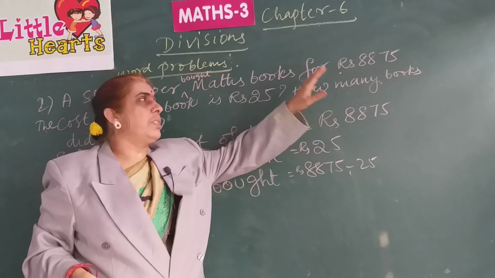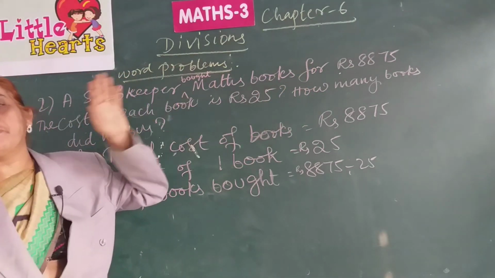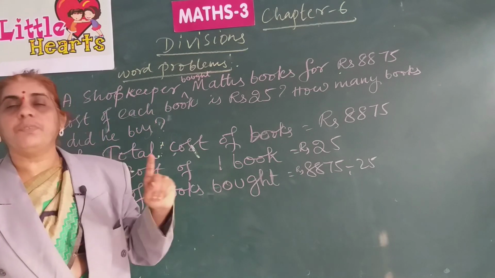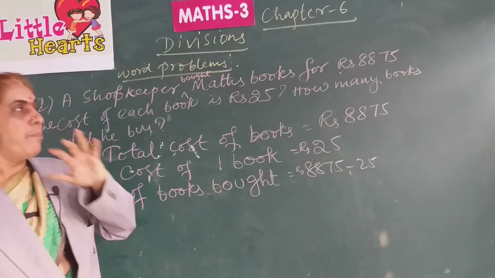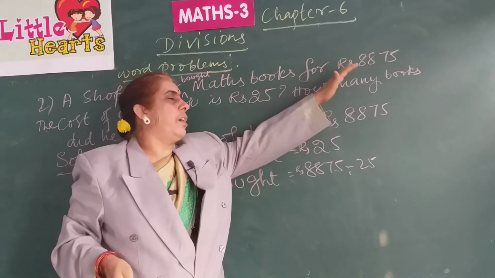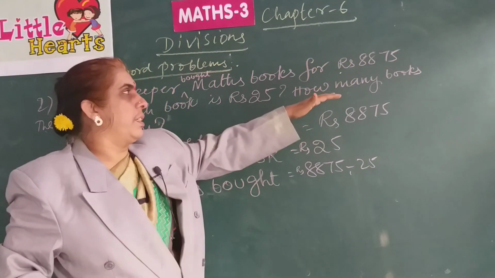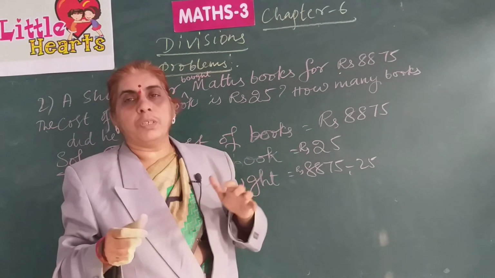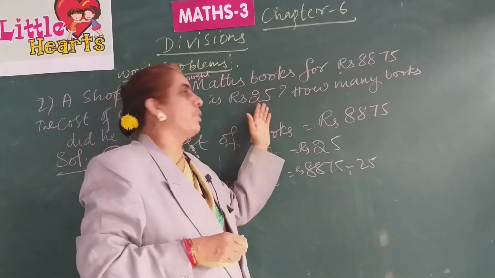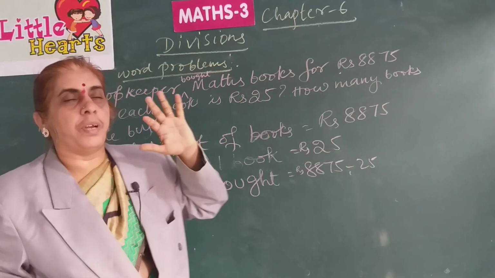He spent 8,875 rupees on maths textbooks, and the cost of each book is given, that is rupees 25. We have to find the number of books. How many books he got if each book costs 25? That you need to find out.